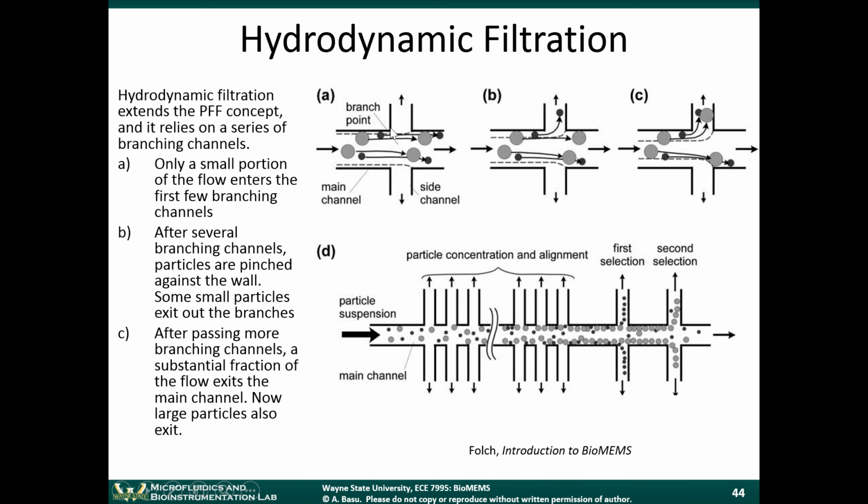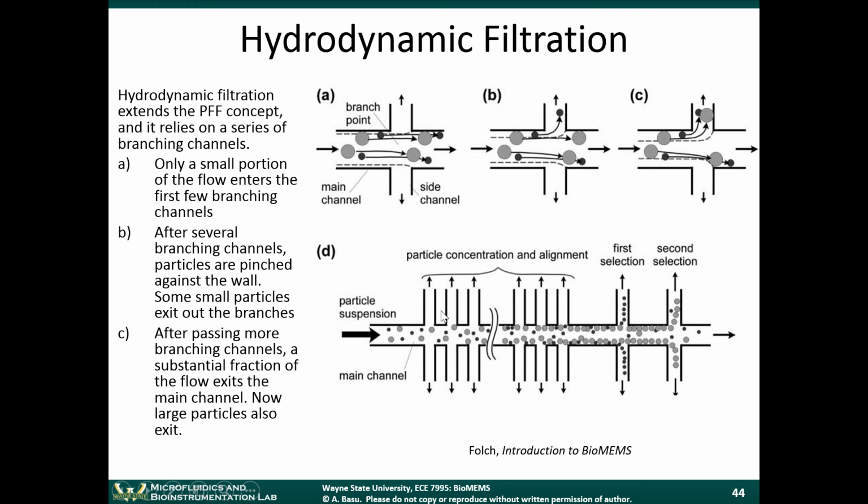Every time you have one of these branching points where fluid is being pushed out the sides of the channel, this causes the particles to move towards the outer walls. Okay, so in a sense, we're pushing the particles up against the upper wall. We're also pushing them up against the lower wall. So this pinched flow fractionation type thing is happening on both sides of the channel.